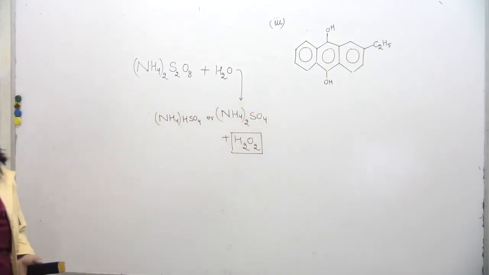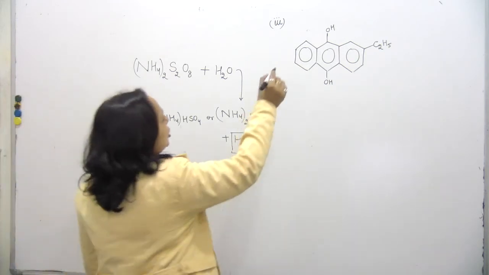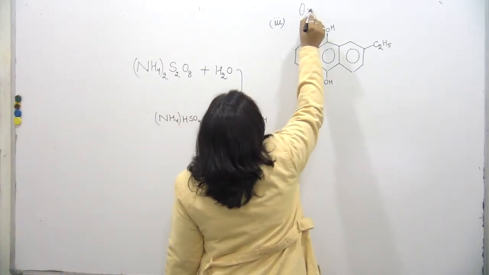The compound we are going to use here in the third method is 2-ethyl anthraquinol. It is oxidation of 2-ethyl anthraquinol.